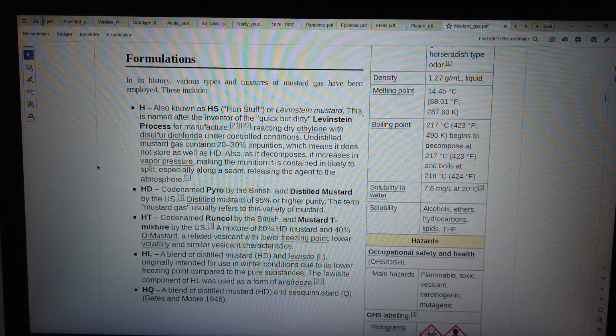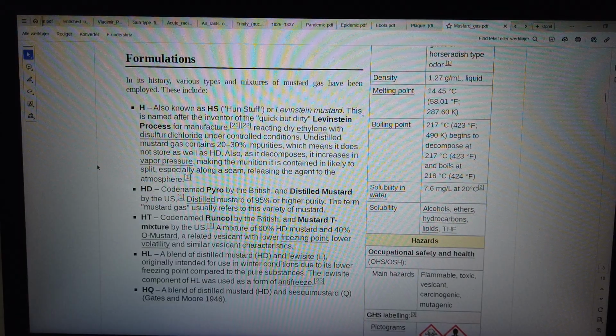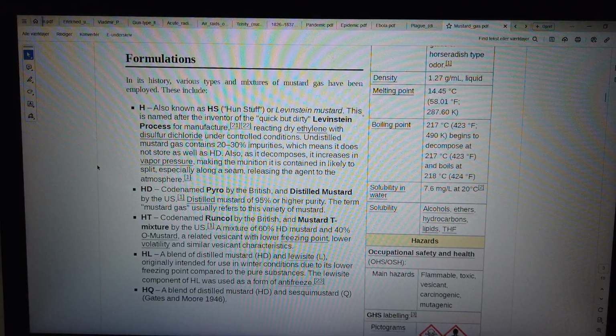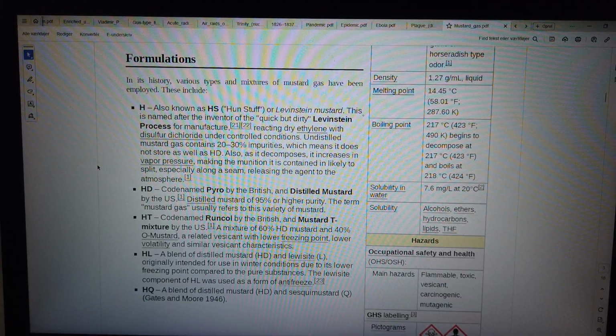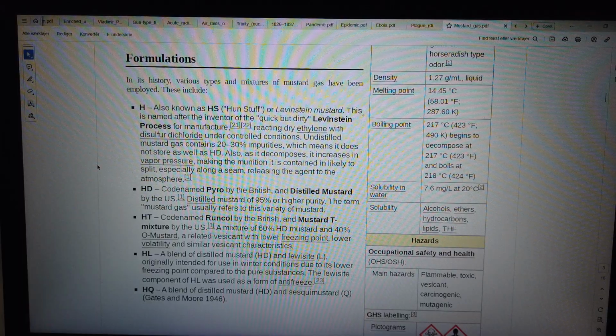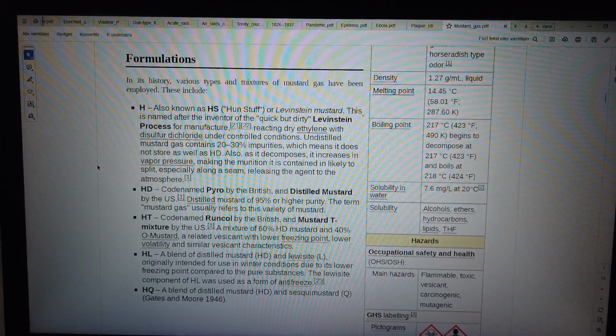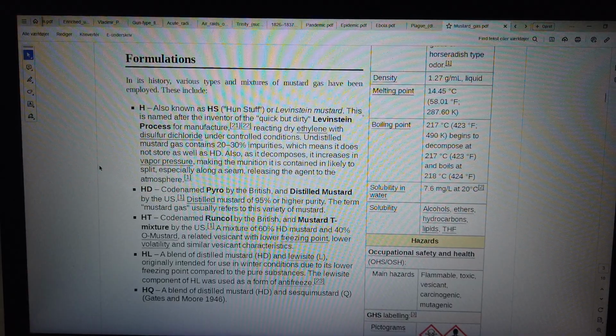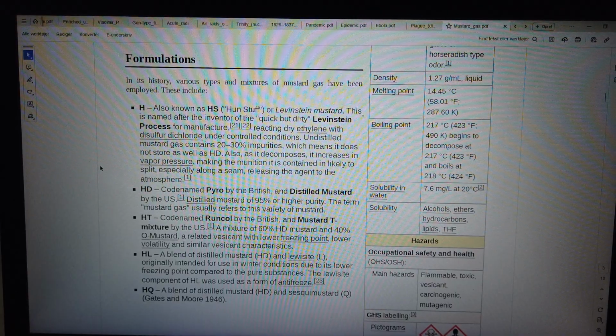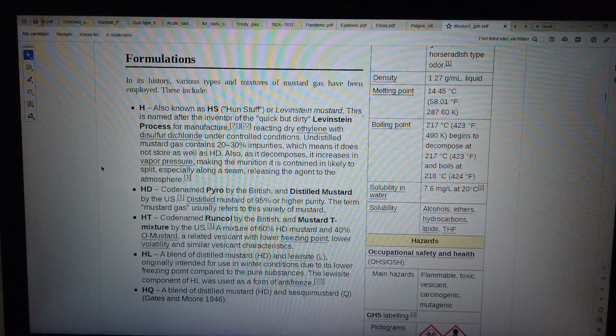Reacting dry ethylene with disulfur dichloride under controlled conditions. Undistilled mustard gas contains 20-30% impurities, which means it does not store as well as HD. Also, as it decomposes, it increases in vapor pressure, making the munition it is contained in likely to split, especially along a seam, releasing the agent to the atmosphere.